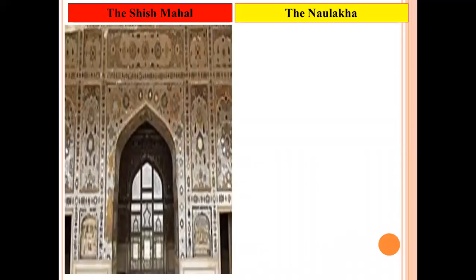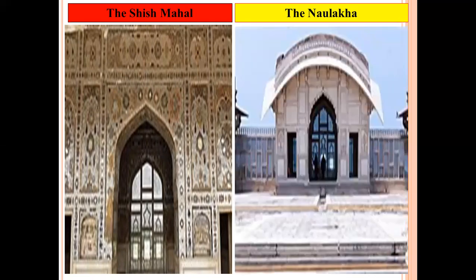It was decorated with mirror work, and this was for the royal family. The other is the Naulakha. In Urdu, we say nau lakh, that is the amount. It was constructed for 9 lakh rupees.